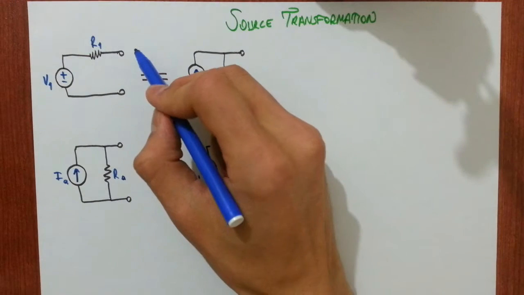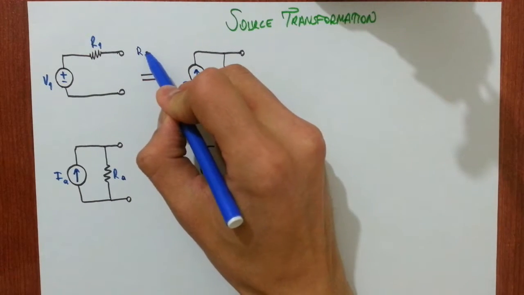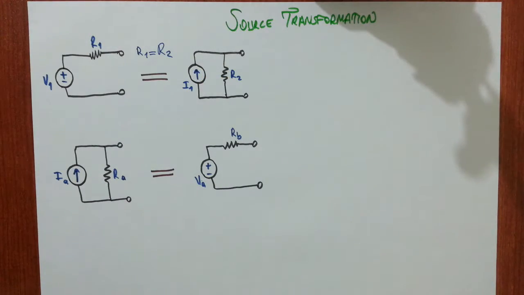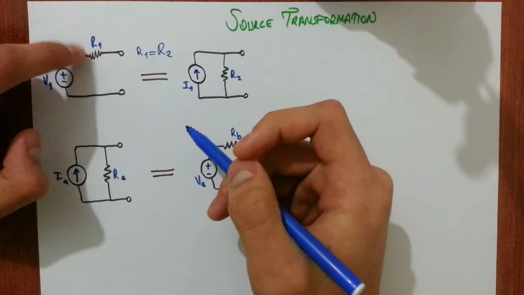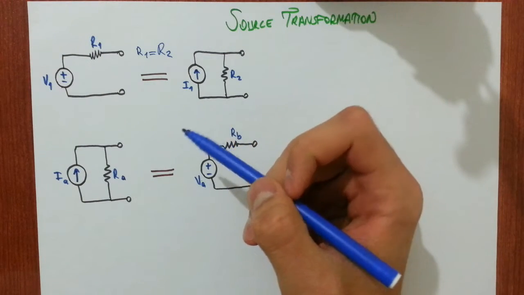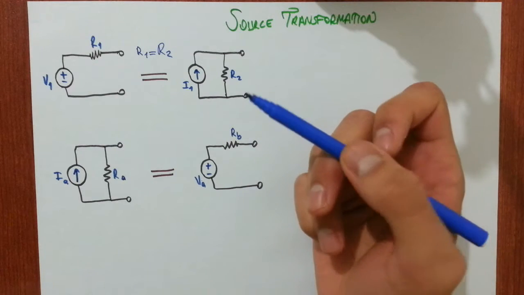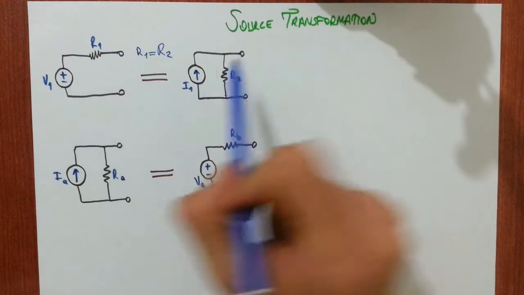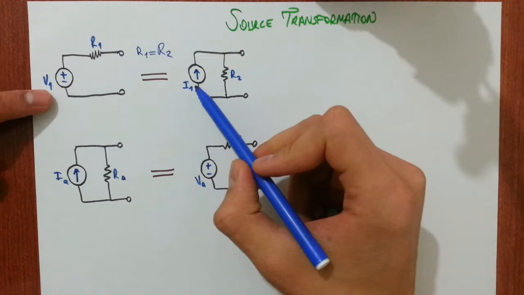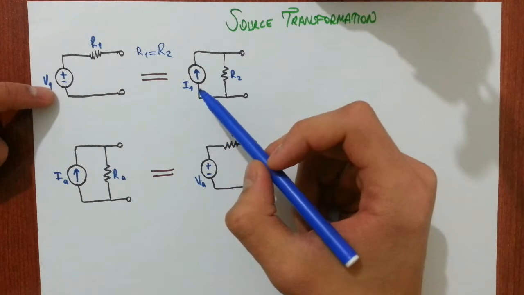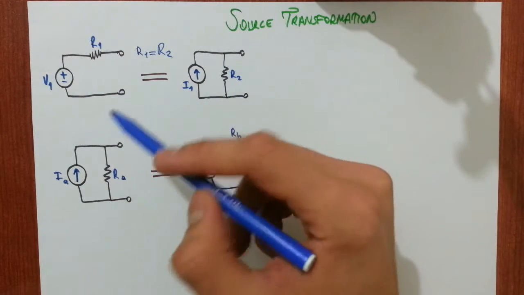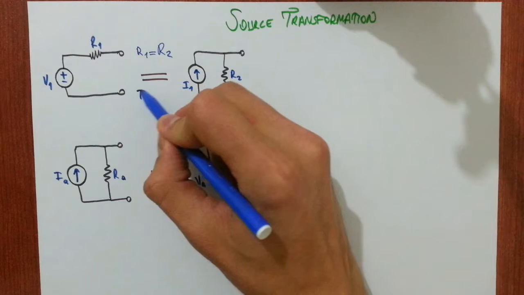The resistance value does not change. It remains the same. When you make the transformation, you will not play with the value of the resistance. Okay? And the second thing is values of these sources. They are not equal. For instance, if this is 5 volts, this is not 5 amperes. There's a relation, and I will write it down.